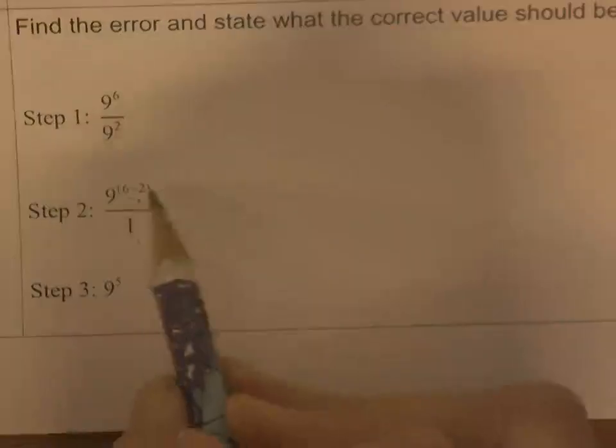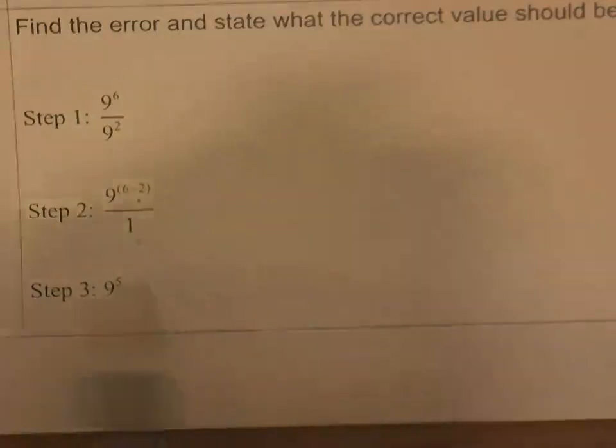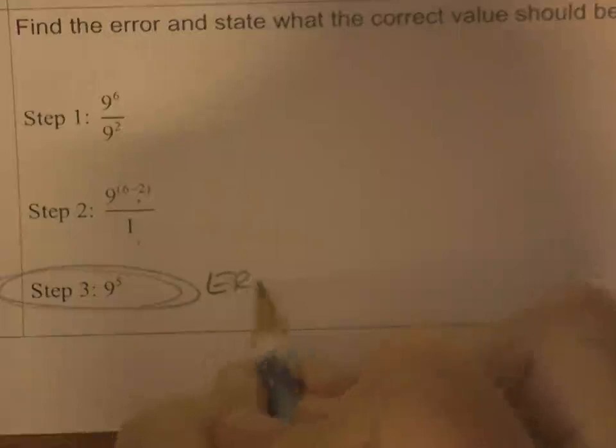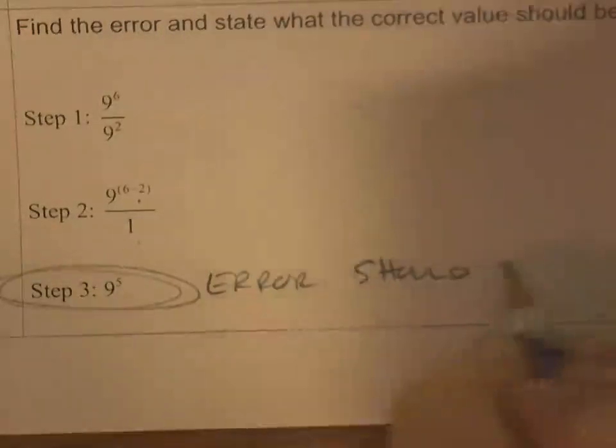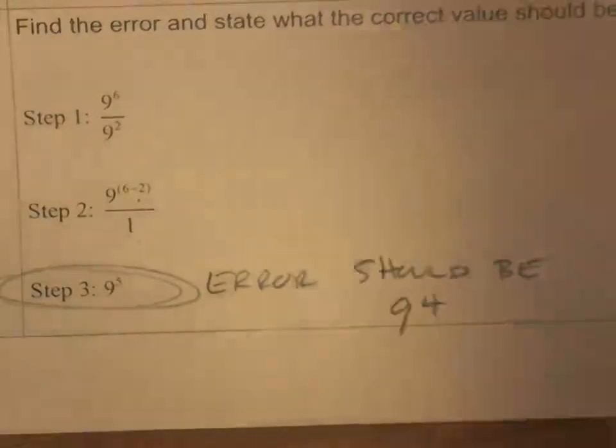Right, 6 minus 2 is 4, and I have it as 5. So the error is right here, and it should be 9 to the 4th.